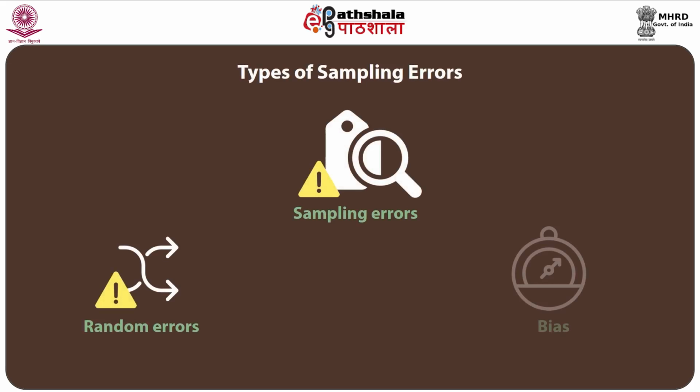A random error is a pattern of errors that tend to cancel one another, so that the overall result is still accurate and reflects the true value. Every sample design will generate a certain amount of random error, which is expected.